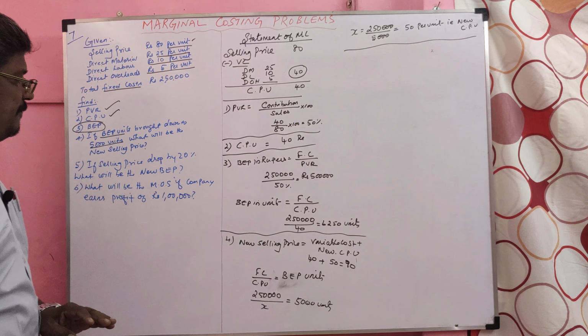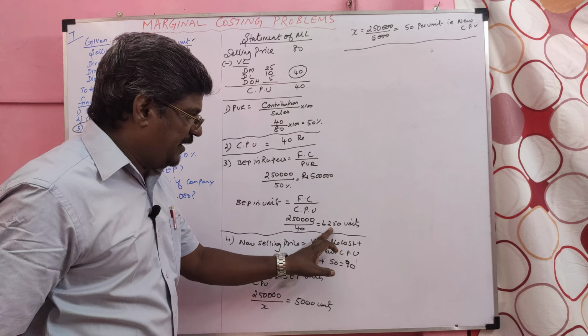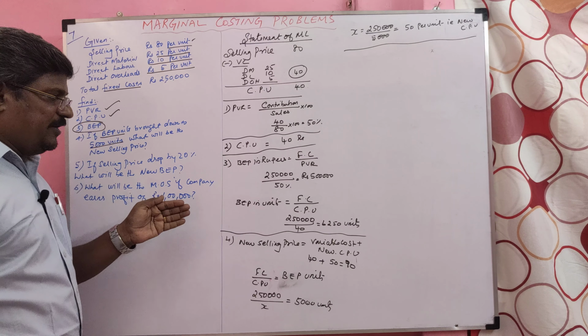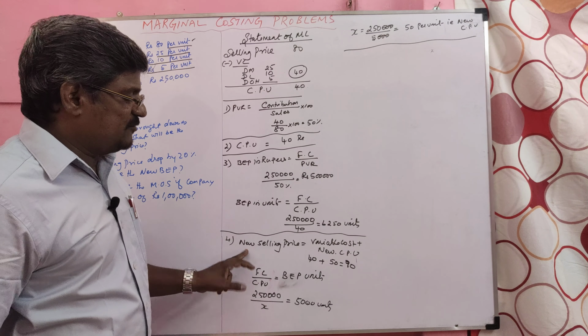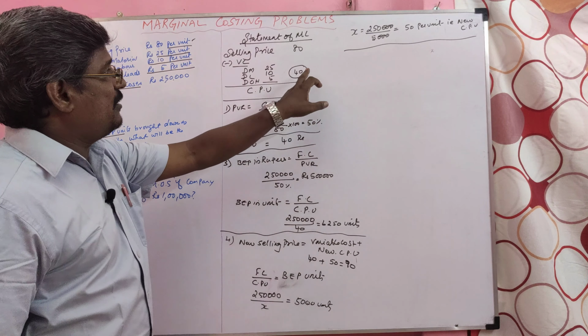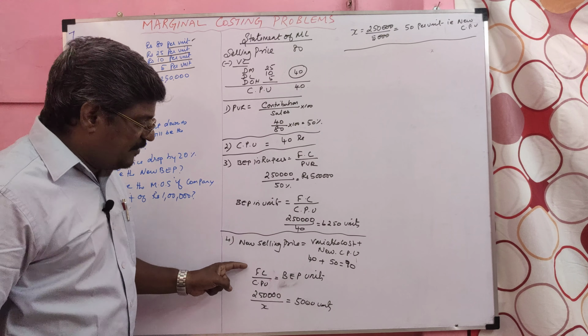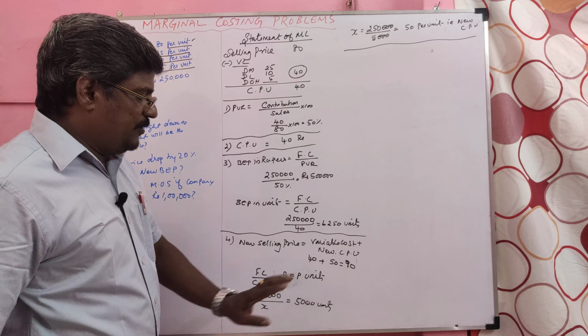Listen student, once again, our existing BEP unit 6,250 we are bringing down to 5,000 units. So BEP units are reducing. For that we have to find a new selling price. What is the formula? Variable cost plus new CPU. Variable cost already given 40. We have to find a new CPU. What is the formula for BEP unit? Fixed cost divided by CPU equal to BEP units.